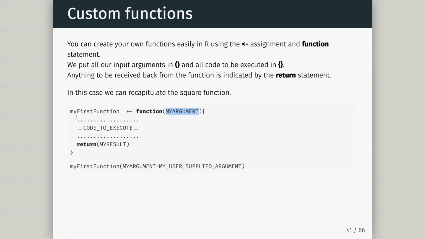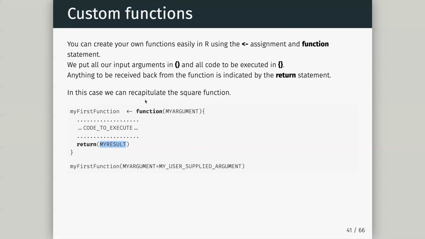And then I put the code I want to execute within my function. Usually this would do something to this parameter. So I would usually say pass in my argument, times it by 2 or something. And then I want to return whatever happened in the function, whatever result I generate. I need to return that out of the function back to the main R session.